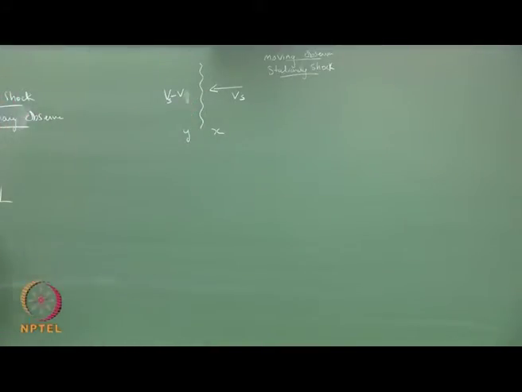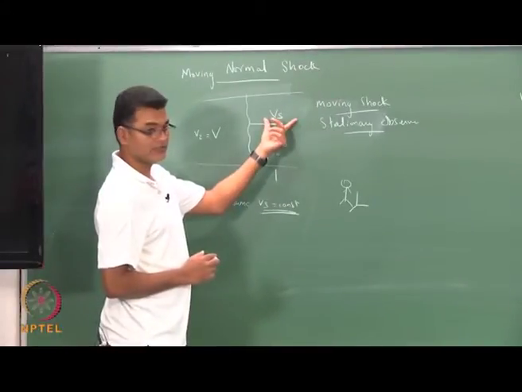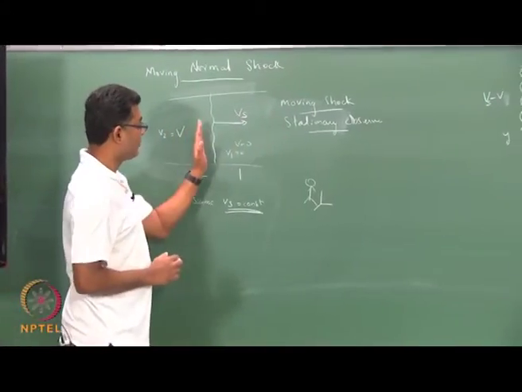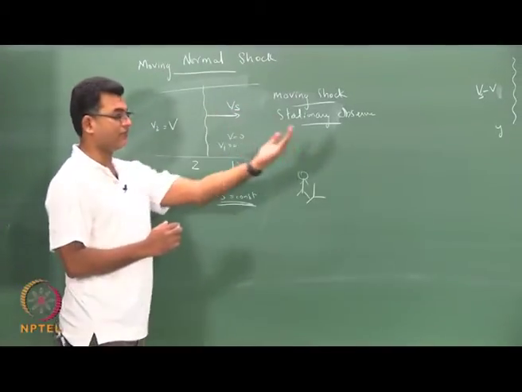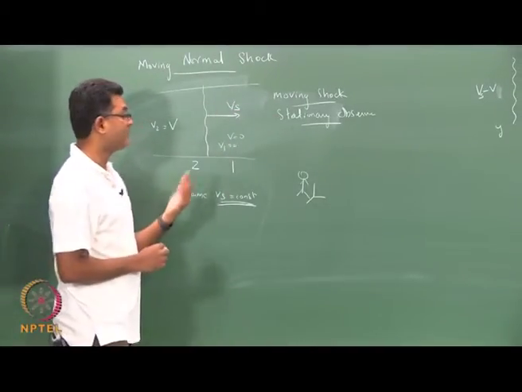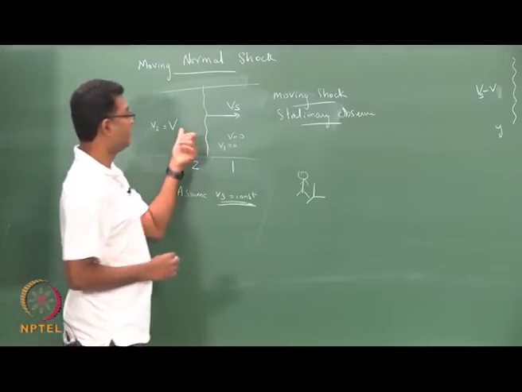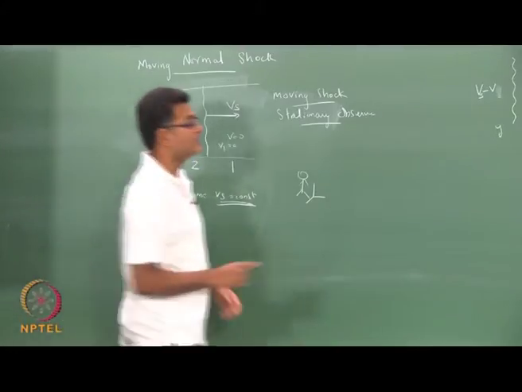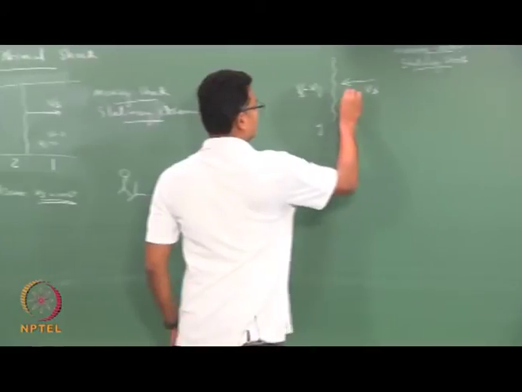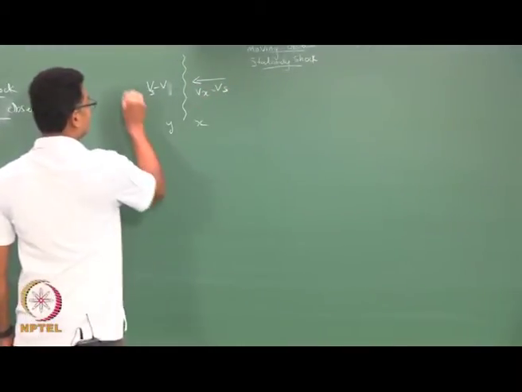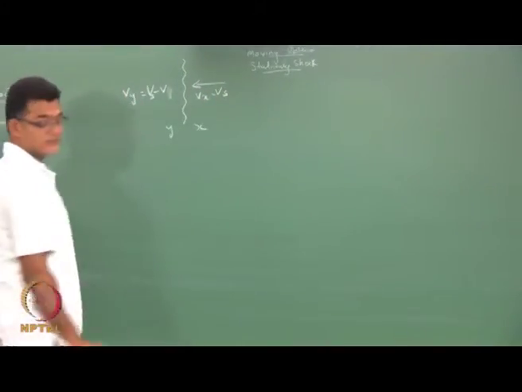For example, in this case I am standing here and watching the shock, so that would have a velocity Vs which is moving past. If I am moving along with the shock, I would see the fluid approaching me with Vs and receding from me with Vs minus V. That is precisely what we have. So, my Vx is Vs, and Vy is this.